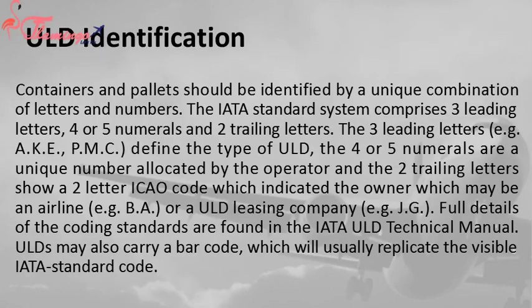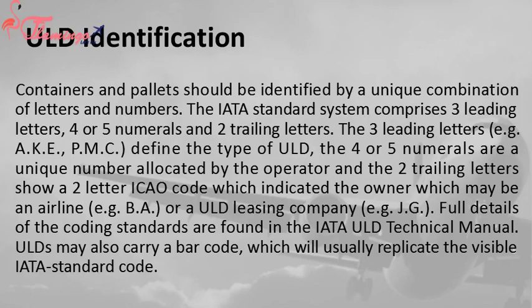Containers and pallets should be identified by a unique combination of letters and numbers. The IATA standard system comprises 3 leading letters, 4 or 5 numerals and 2 trailing letters. The 3 leading letters define the type of ULD, the 4 or 5 numerals are a unique number allocated by the operator, and the 2 trailing letters show a 2-letter ICAO code which indicates the owner, which may be an airline or a ULD leasing company.